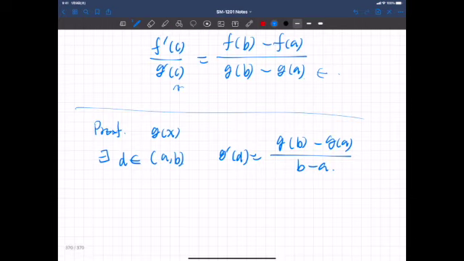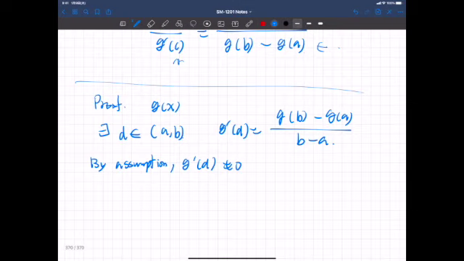And by assumption, g prime of d is non-zero. So therefore, this numerator is not zero. G of b minus g of a is not zero.